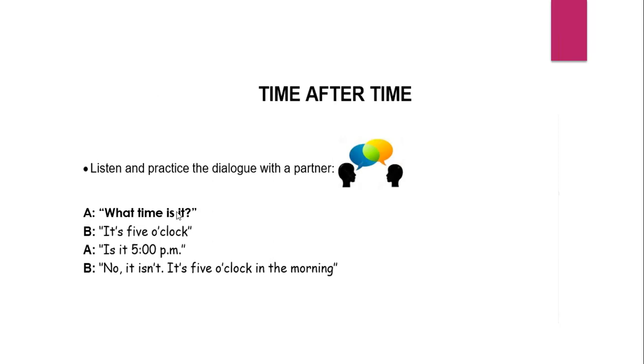What time is it? It's 5 o'clock. Is it 5 p.m.? No, it isn't. It's 5 o'clock in the morning. Okay, please practice. And then next class, we are going to practice this dialogue.